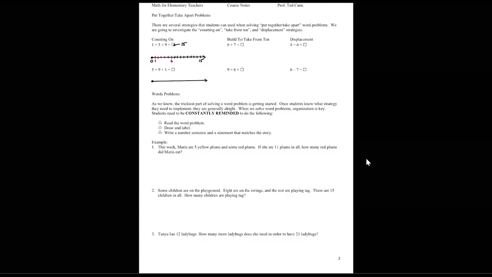Right? So here I'm plotting 5. Starting off at 0, then I'm going 9 more. That gets me to 14, and then I do the 1 more upon that, which gets me to the 15.